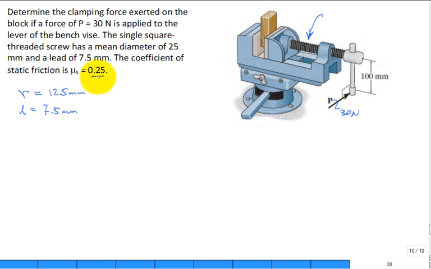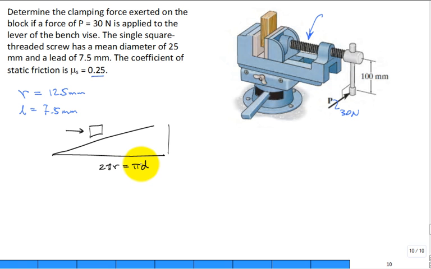Okay, so we recall our simple illustration for studying these screws. We were thinking of pushing a block up a ramp. And that ramp has an overall length of 2 pi r, or you could just put pi d. They gave us d, but 2 pi r is what you're probably familiar with.